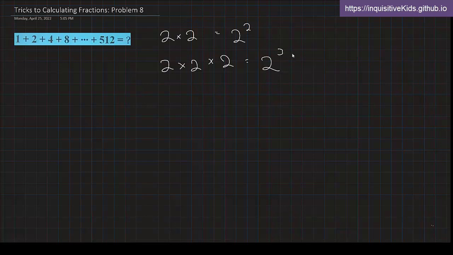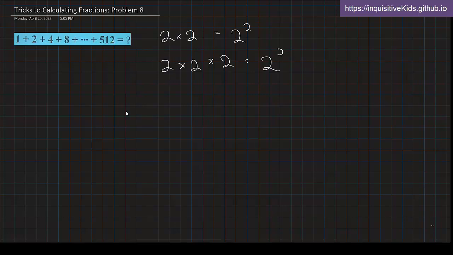And this top number is called the index, the number of times it's multiplied to itself. Over here it's a 2 because 2 is being multiplied 2 times. Over here it's a 3 because 2 is being multiplied 3 times.